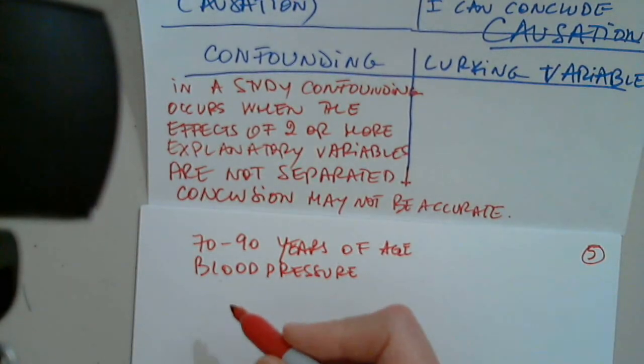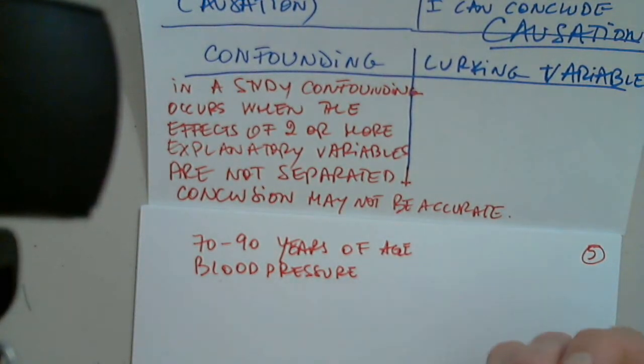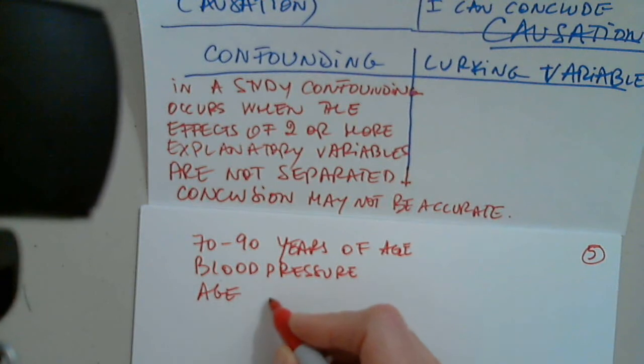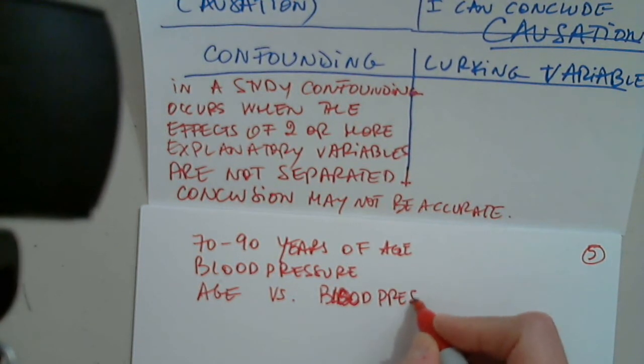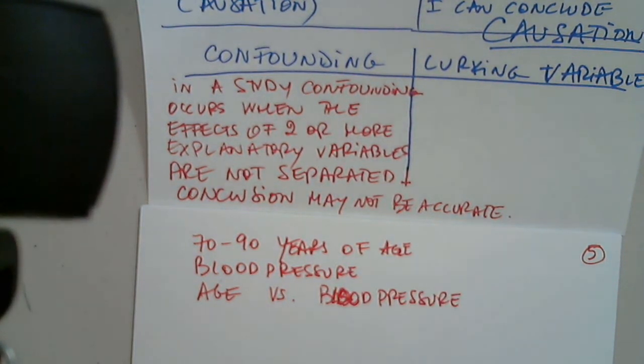And let's say I look to see just a relationship between age versus blood pressure. But what I forgot is health status. I did not consider it, but that's very important.